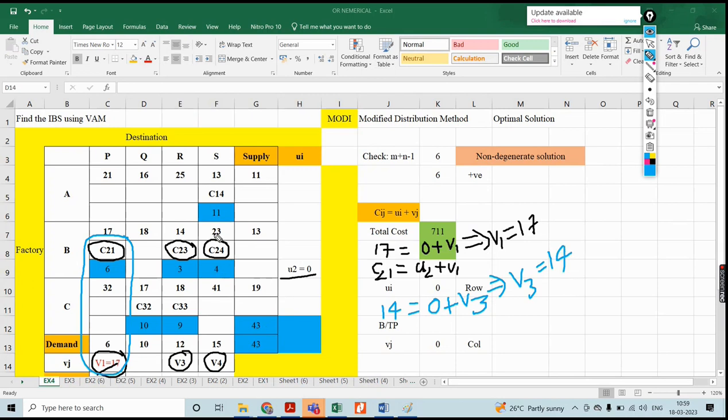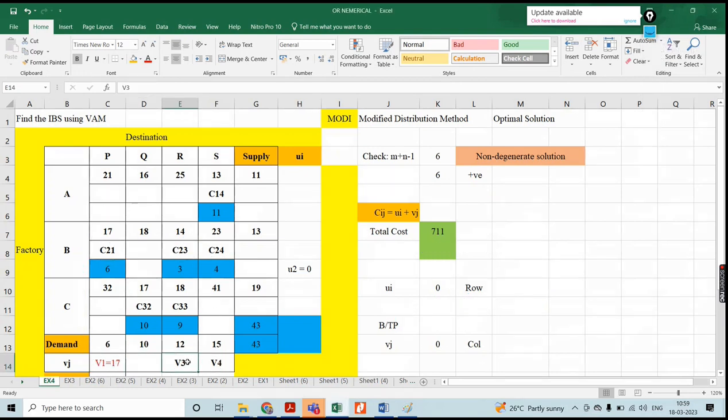Got it? Here 14 equals 0 plus V3. Then I got V3 equal to 14. Any doubt? Getting me, all of you?